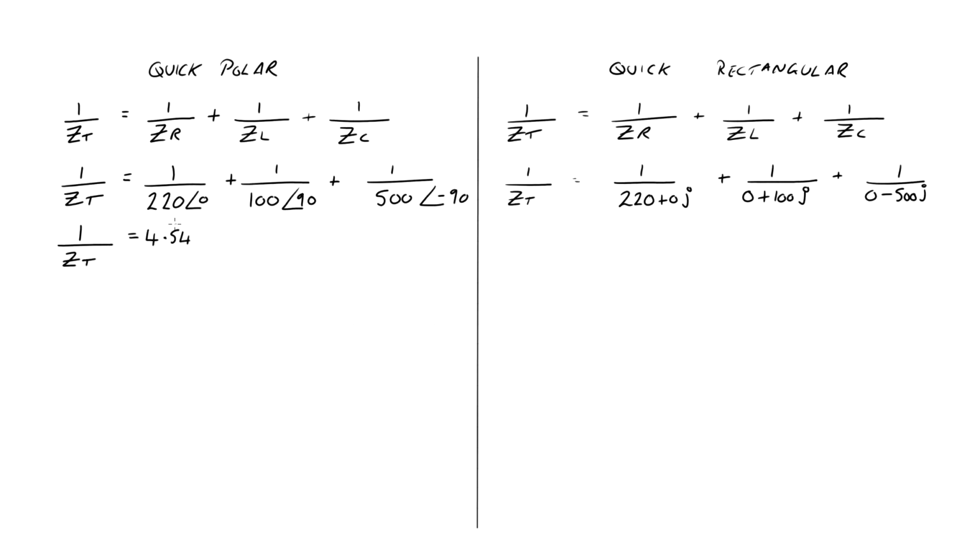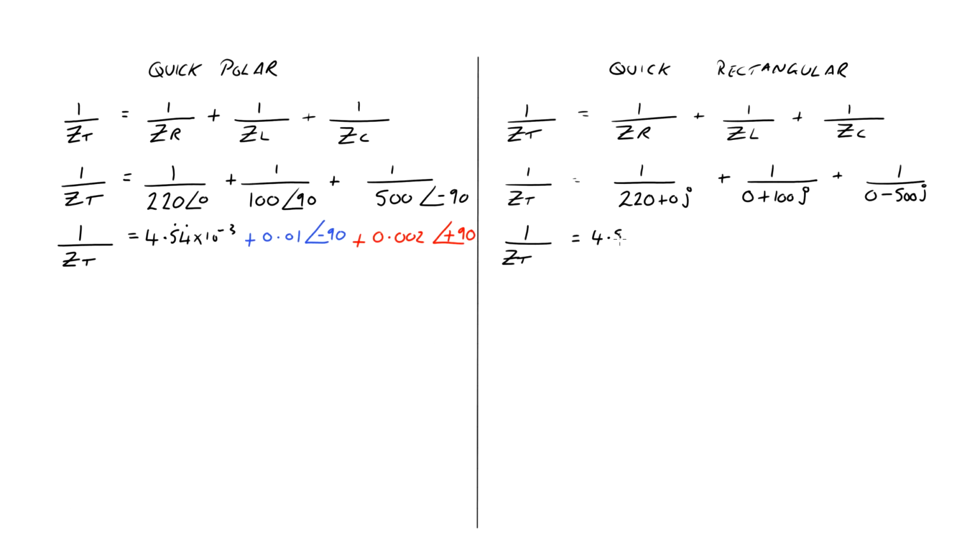So the inverse of the resistor is 4.54 recurring times 10 to the minus 3, and then the inductor is 0.01 at an angle of minus 90 degrees, remember. And then for the capacitor, 0.002 at an angle of positive 90 degrees.